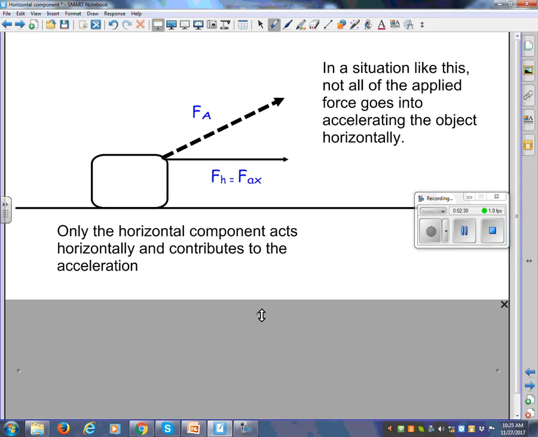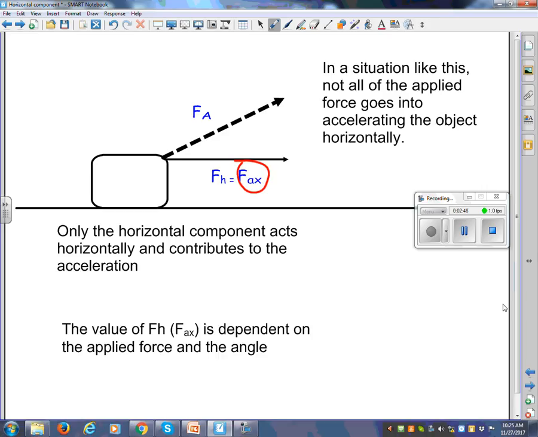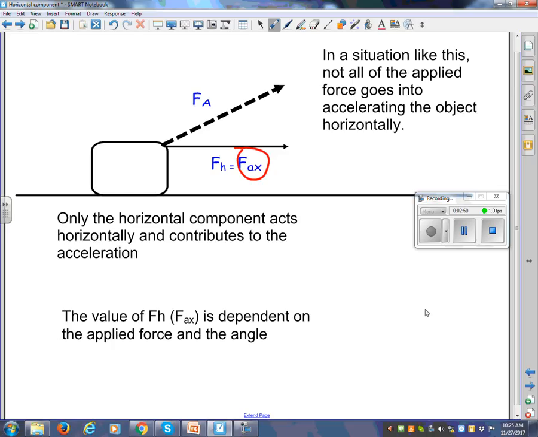Okay? So I'm really only concerned with what value, how much is this FAX. And again, the FAX stands for X component of the applied force. How much of that applied force is actually sideways? The value of FH or FAX is dependent upon the applied force and the angle.